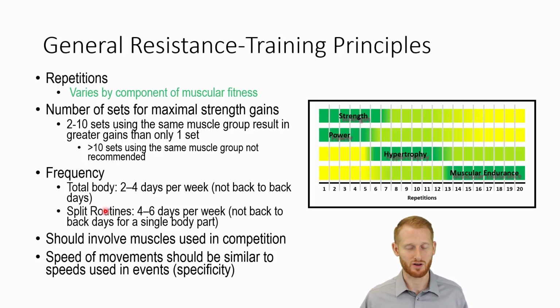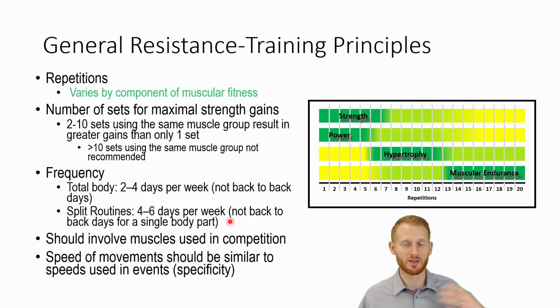You can also do what's called a split routine. A split routine is where you split the body into multiple days. So maybe one day can be legs, another day can be upper body, one day can be push exercises, another day can be pull exercises, whatever it is. So there are different ways to split up the body. If you're doing a split routine, you can do resistance training almost every day, because again, the goal is to not train the same muscle group 2 days in a row.